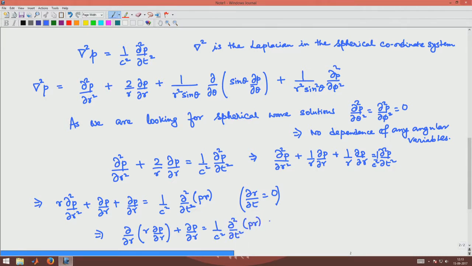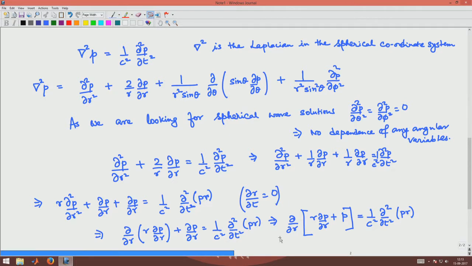And this we can further simplify by collecting the differentiation together and writing ∂/∂r (r ∂p/∂r + p). This is the left hand side of the previous step, and that is equal to (1/c²) ∂²/∂t² (pr). So, we have to simplify this a little further.